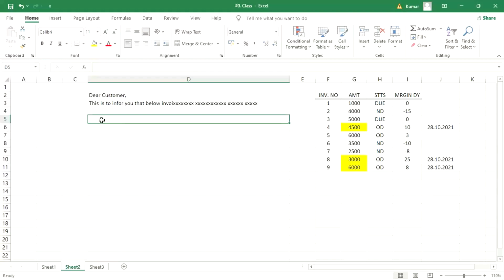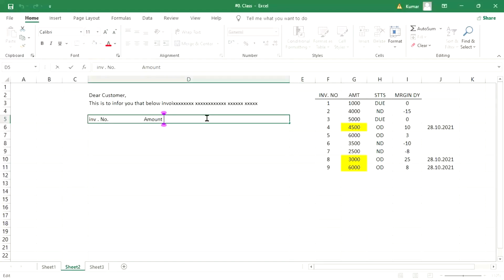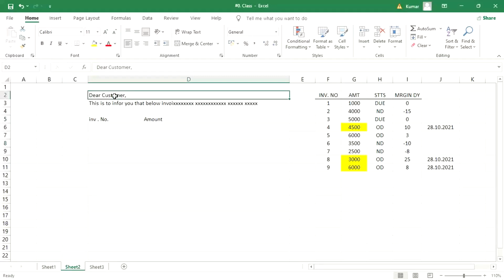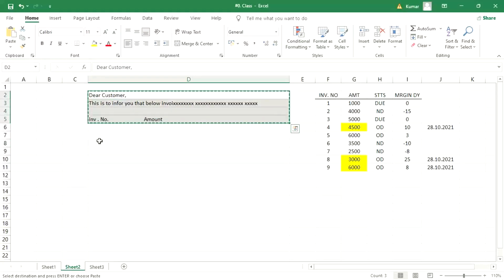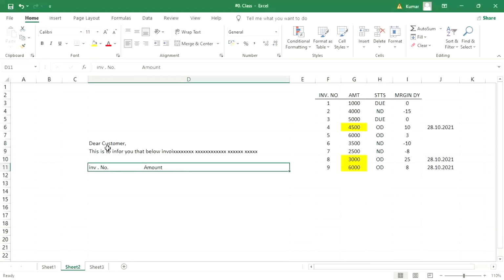Now what is happening, guys? There will be information like invoice number, then amount, and other details also will be there. Look here.